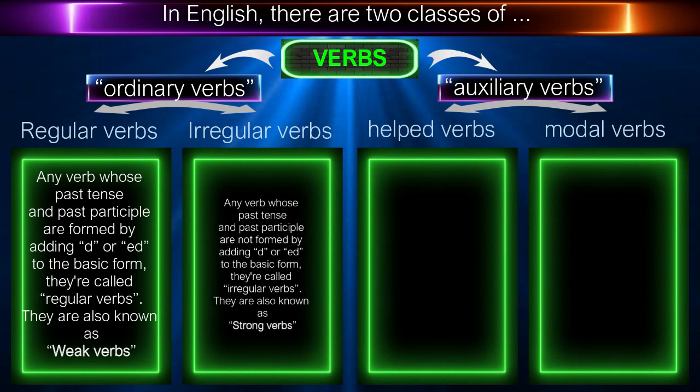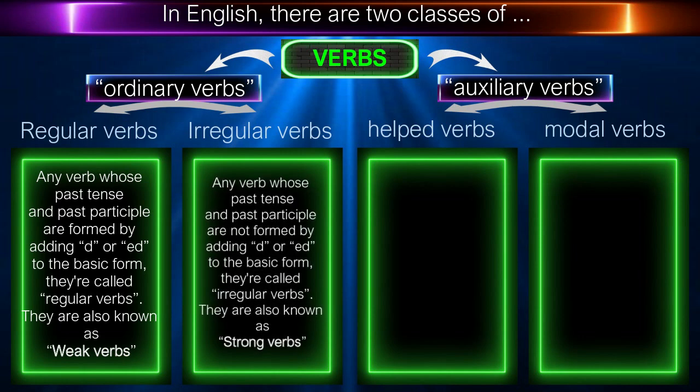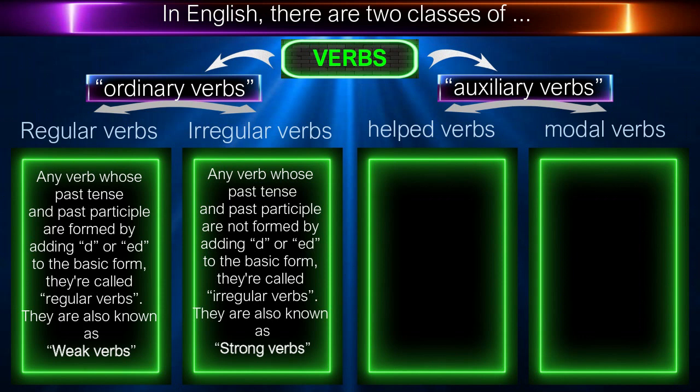Irregular verbs are any verb whose past tense and past participle are not formed by adding d or ed to the basic form. They call it irregular verbs. They are also known as strong verbs.